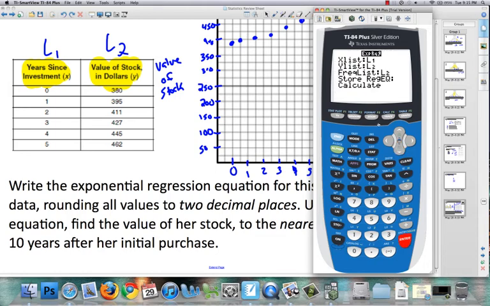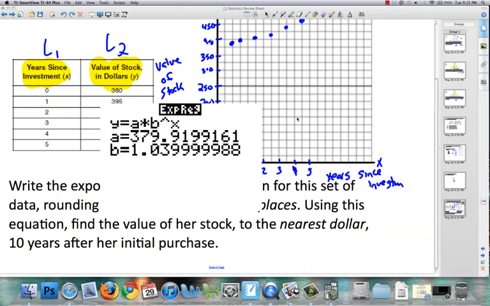So hit enter. Your X list L1, your Y list L2, frequency list. This is not a frequency list. So this just doesn't represent any frequency, so we're going to clear that. We don't want that to be a frequency list. Hit calculate, and that gives us our equation. So I'm going to drag that into here.